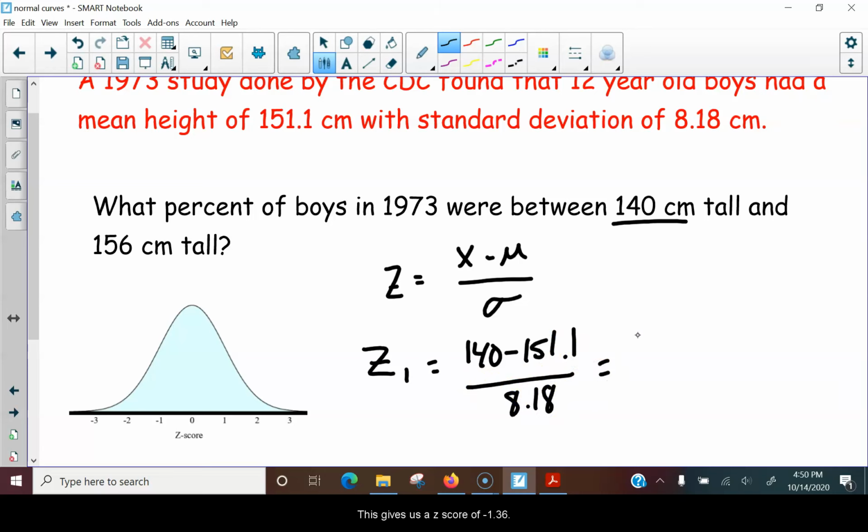This gives us a z-score of negative 1.36. Now remember, the standard normal table only uses up to 2 decimal places, so we will round all of our z-scores to 2 decimal places. This z-score of negative 1.36 is about right here.